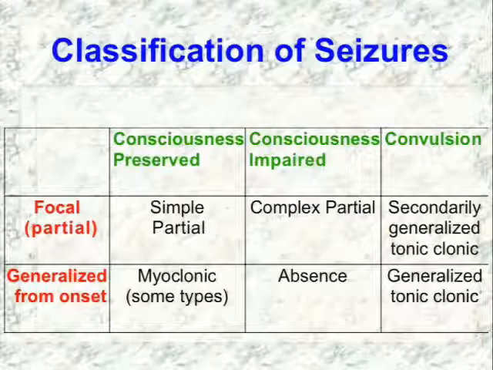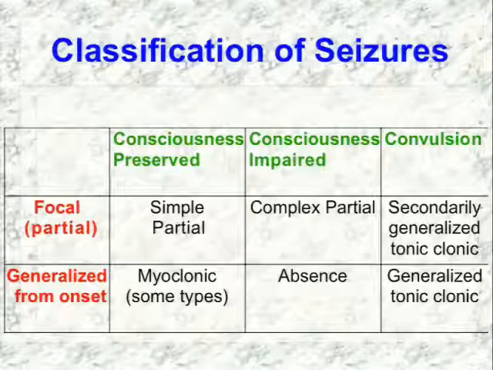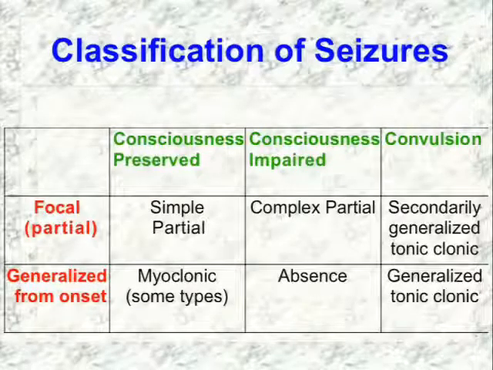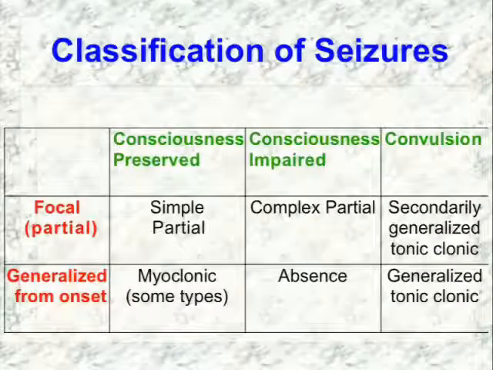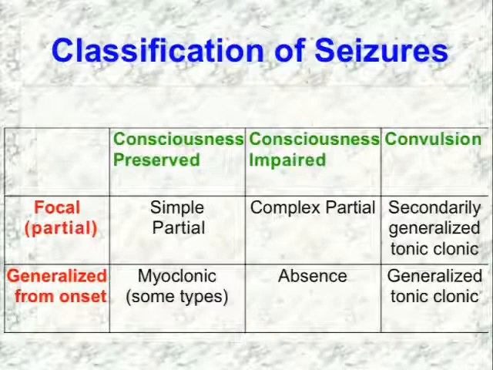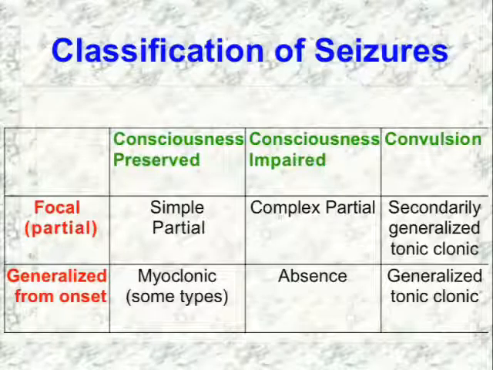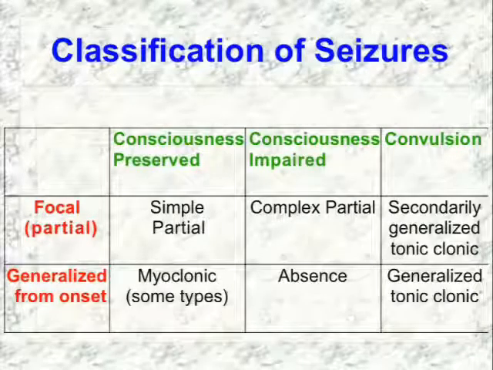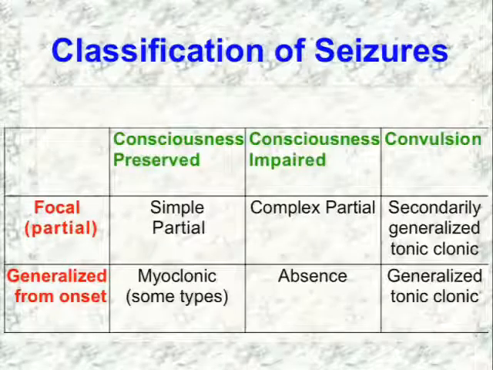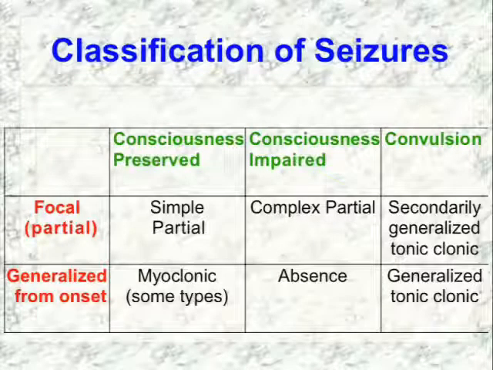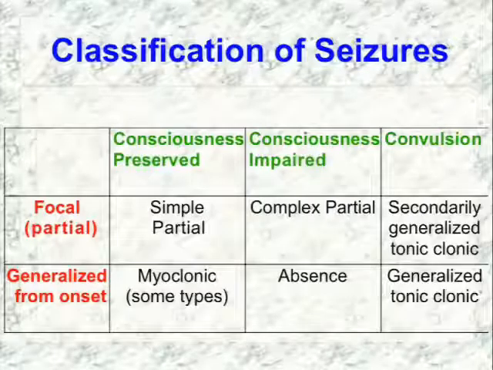And this is based on what we usually use, which is the 1981 classification. There's a subsequent 2010 classification, but that makes things more confusing, so I'm not even going to talk about that. But the reason why classification of seizures is important is it has a big implication for how you work up the patients and the treatment you give them.